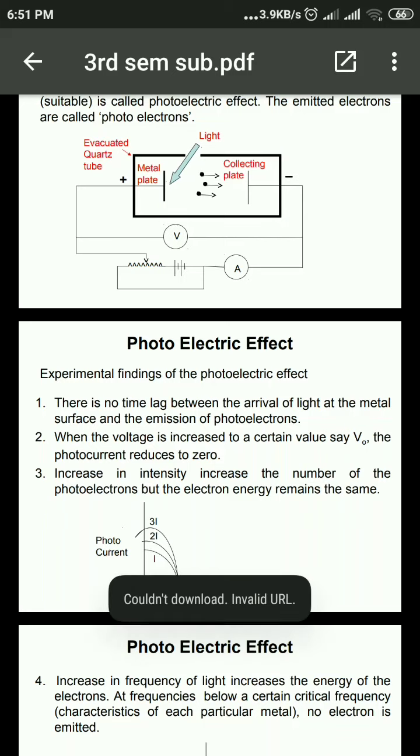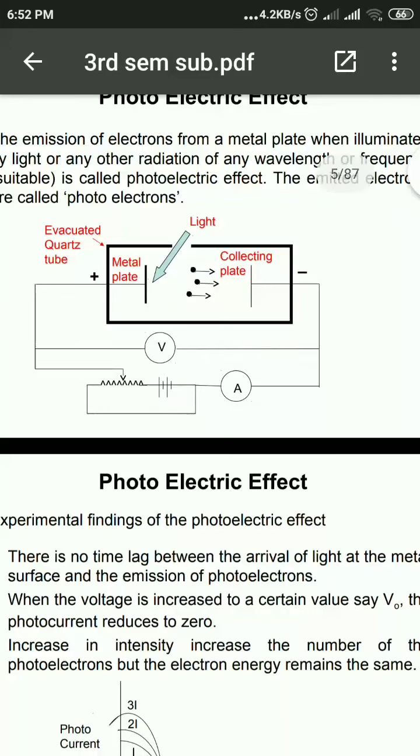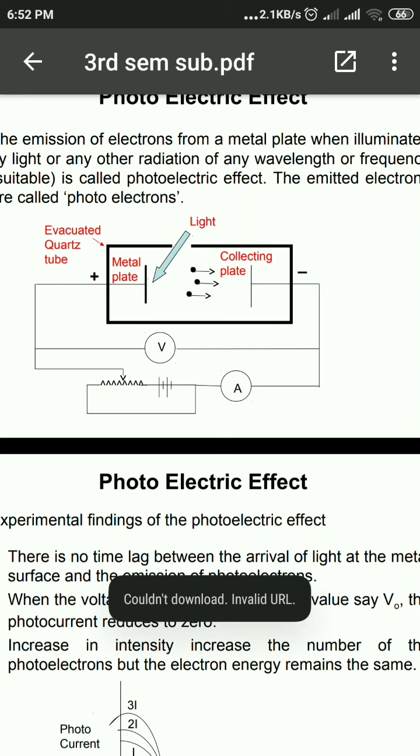This is the connection diagram or the experimental setup for the photoelectric effect to see. And you can see here we have two metal plates. One is positively charged and second is negatively charged using a battery, and we can vary the potential on these plates.